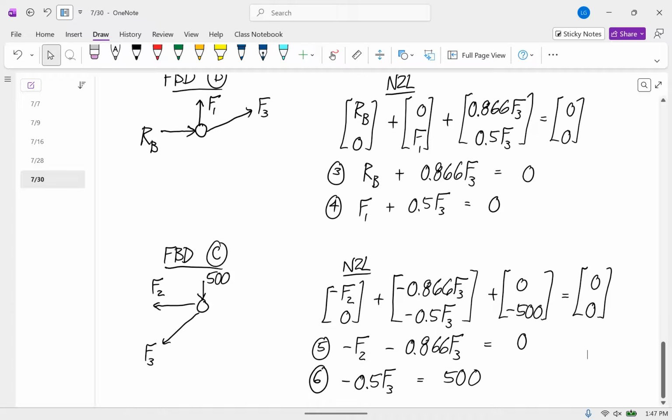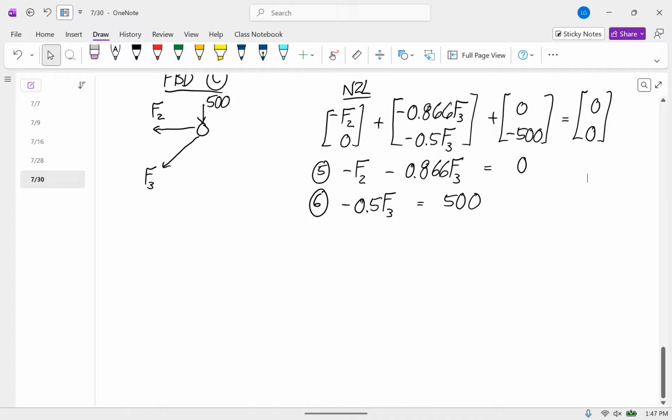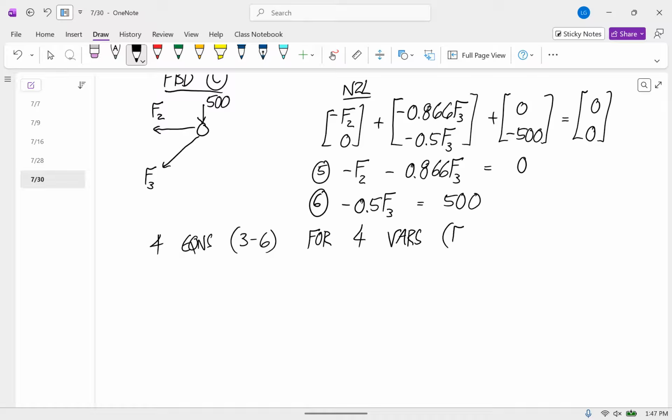Okay, so if we think of 4 equations, that's equations 3 through 6, for the 4 variables that show up in those equations, which are F1, F2, F3, and then RB.